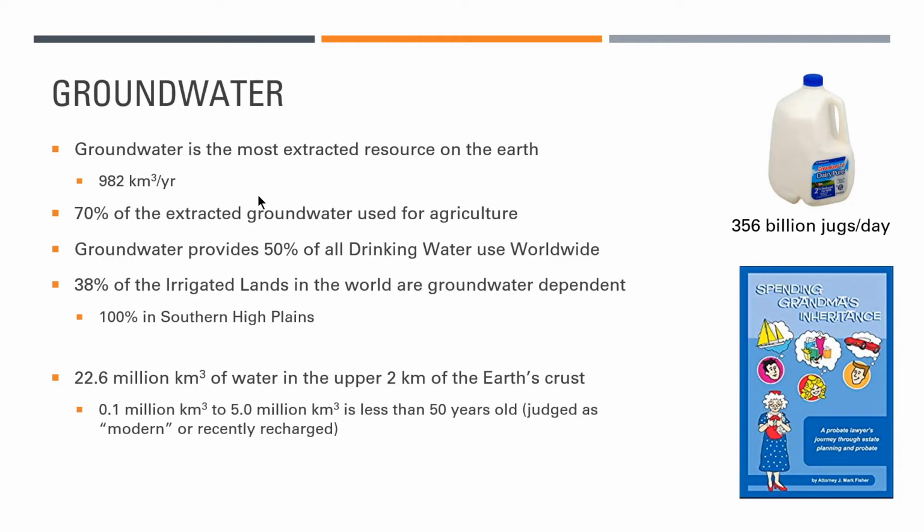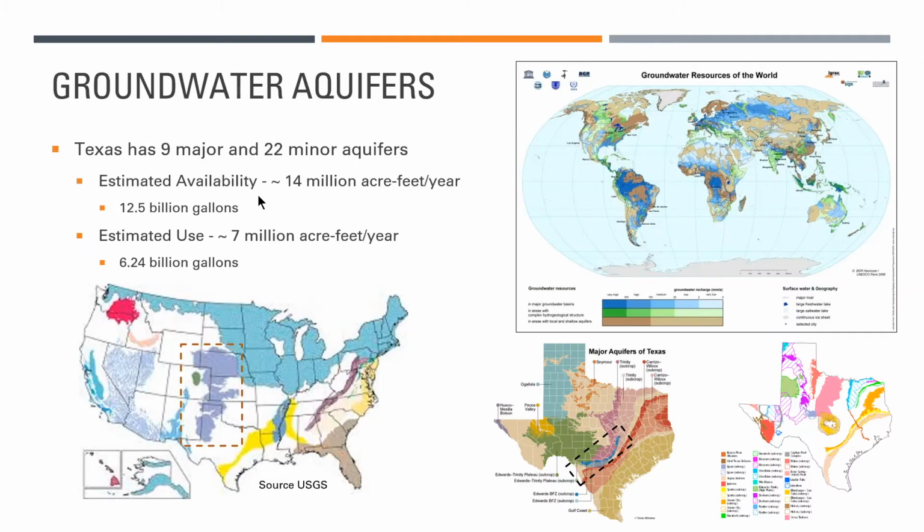So I like to think of groundwater as your grandma's inheritance, something that has been passed on to us from previous generations. So it behooves us to leave the groundwater aquifers in good shape for future generations as well. Coming back to aquifers, in Texas, as I said, we are blessed to have many different types of aquifers.